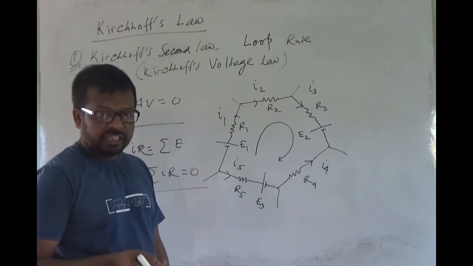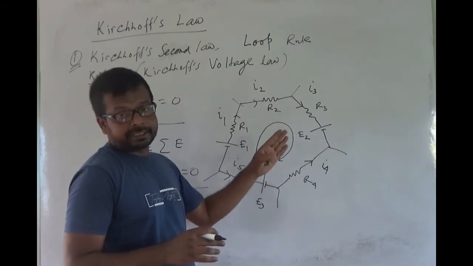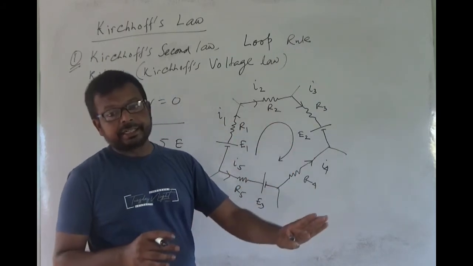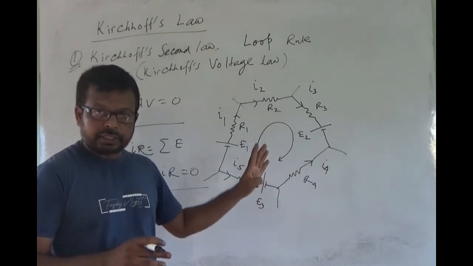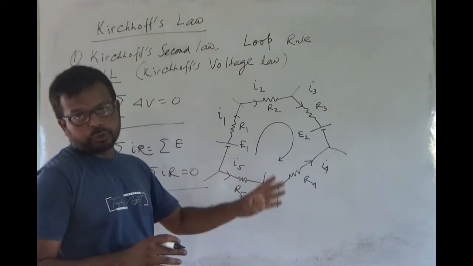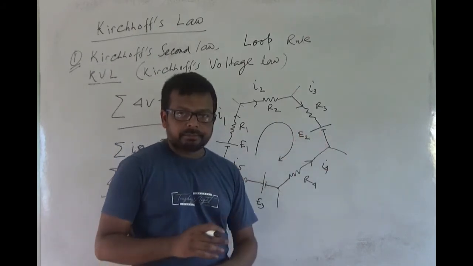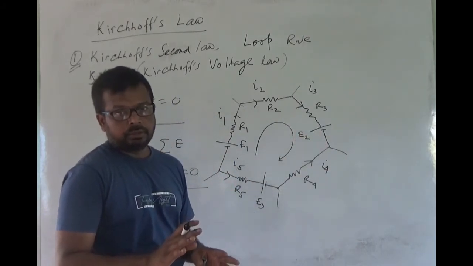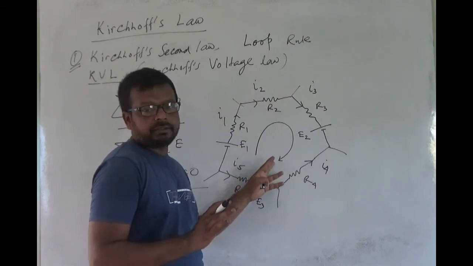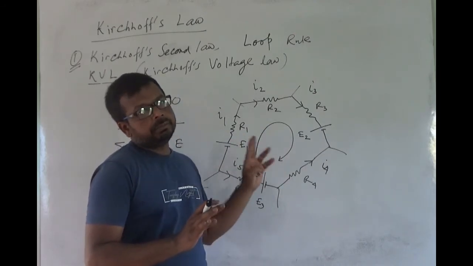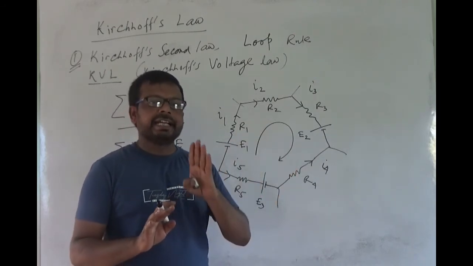But if current flows in the opposite direction, that will be taken as negative. This is for the current, and also for the cells. If any cell provides current in this direction, then the EMF of that cell will be taken as positive.